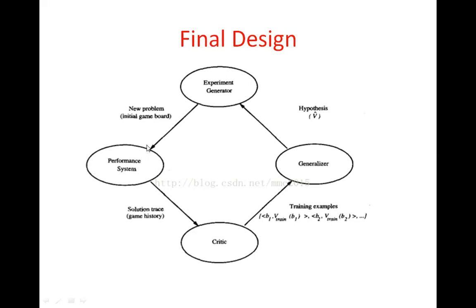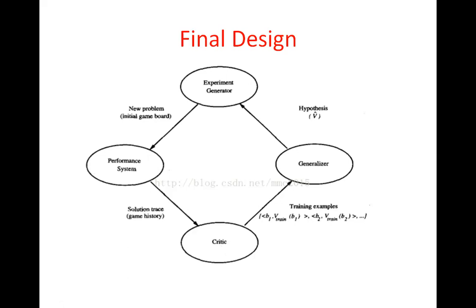The performance system gets one new board state, and from there it will play the game, as if it has to win. If it wins the game, it traces the game history, how it played the game, which were the efficient moves, and sends all of it to the critic module.